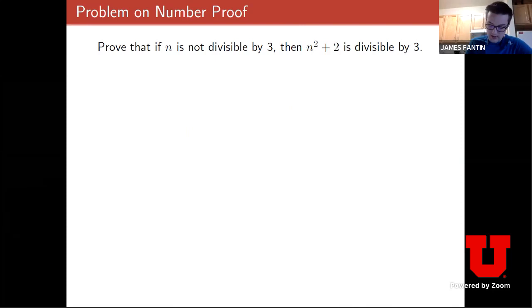So if we think about that outline that I talked about earlier with our first number proof, that I believe Jake was asking a question about, the first thing we want to do is restate our problem.